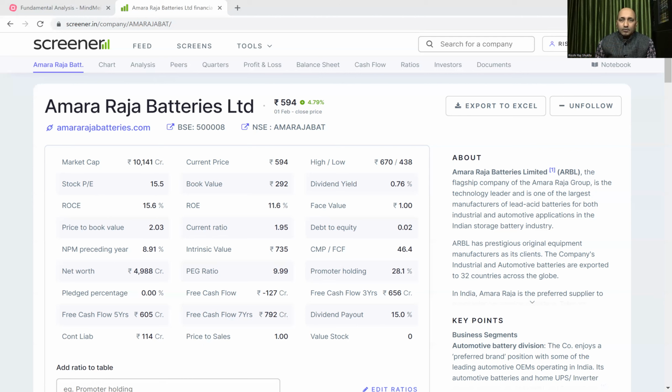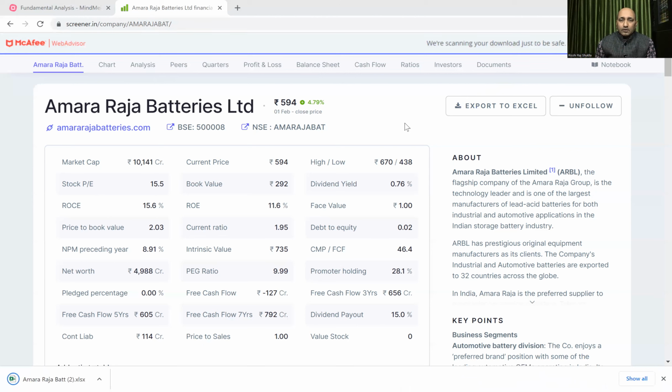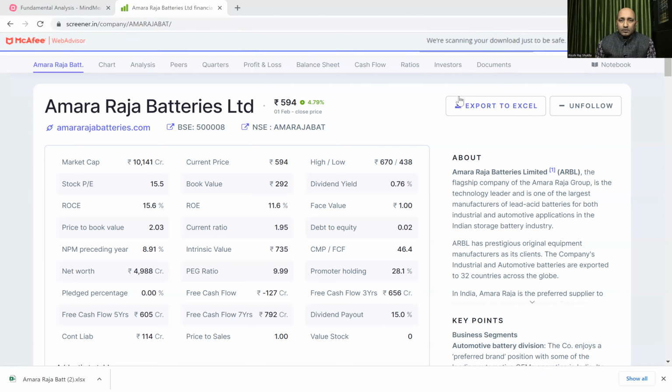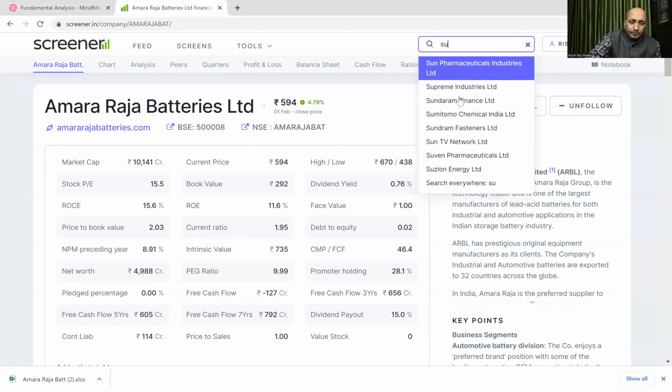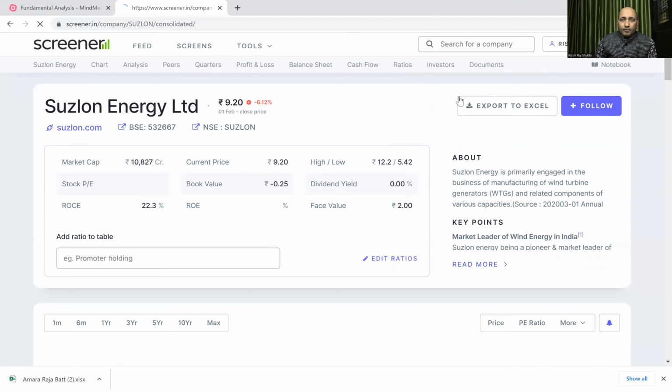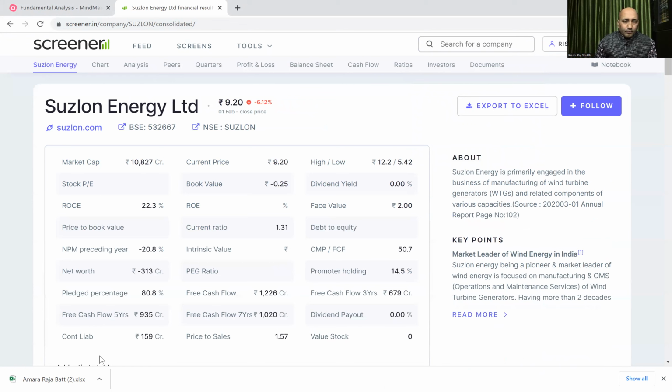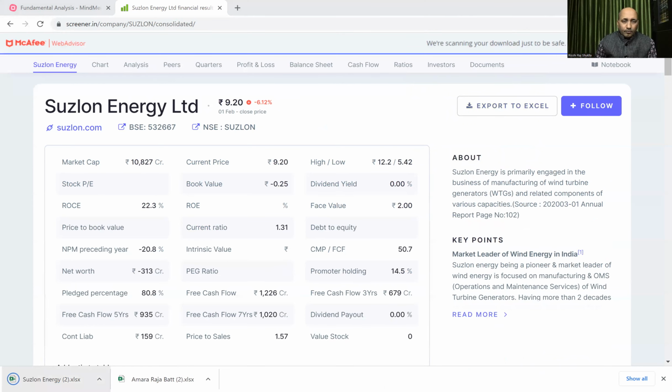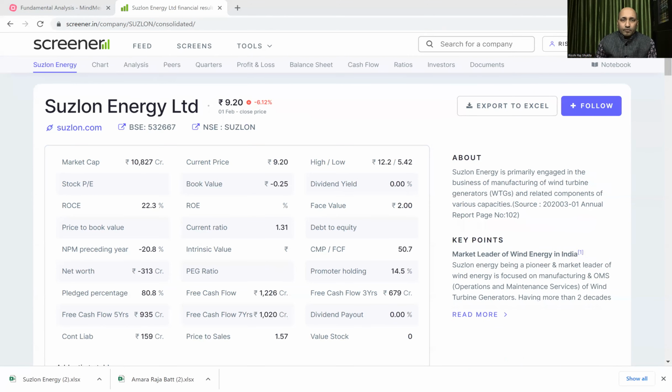Let us see some other examples, especially a negative one. Suzlon. Here we can see sales growth: some year negative, positive, again positive.